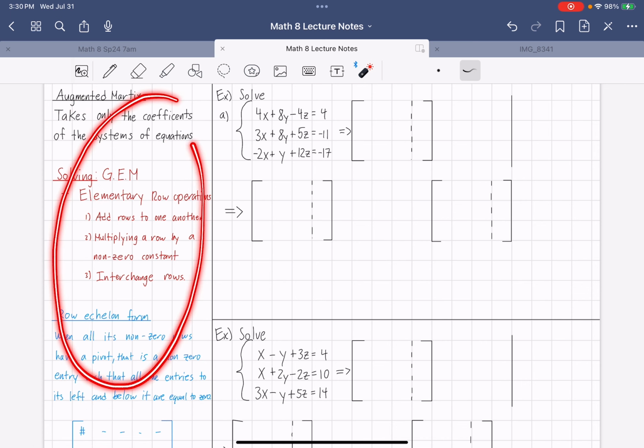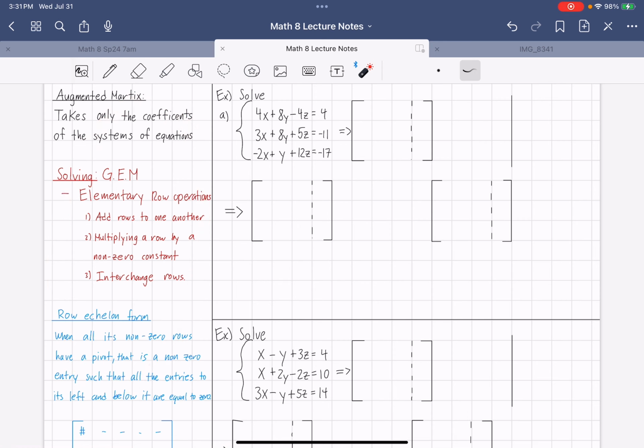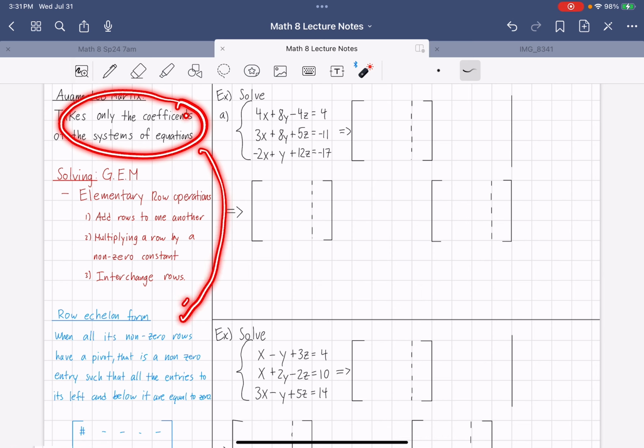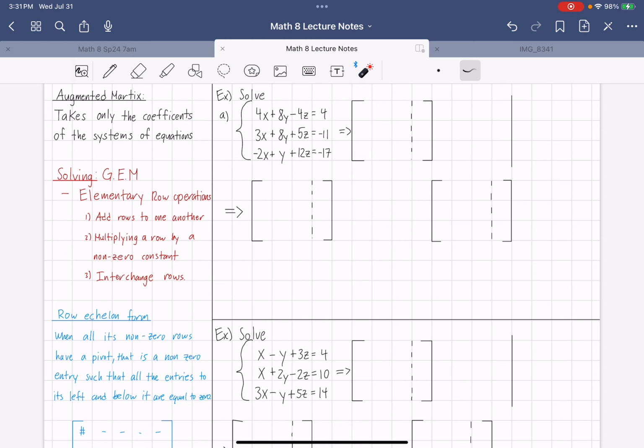That's how these all work with one another. Now, this whole process of writing it as an augmented matrix, trying to get into row echelon form using elementary row operations, is known as the Gaussian elimination method.